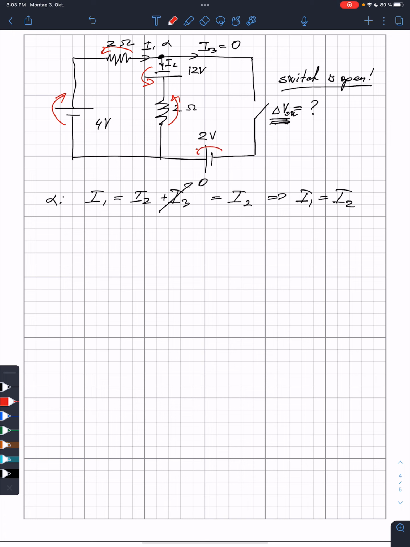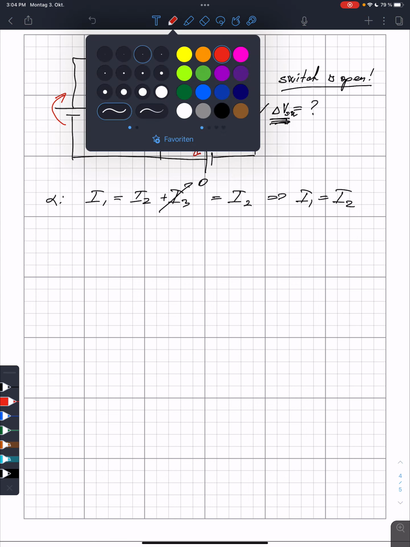And for delta V switch, I need to define the direction. I will define it this way, but I might potentially get a negative result, and therefore I will have to rethink where my low and high voltages are. So we will see what we get at the end.